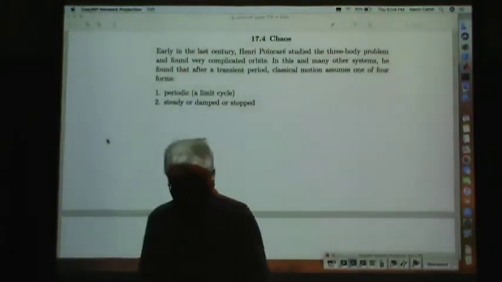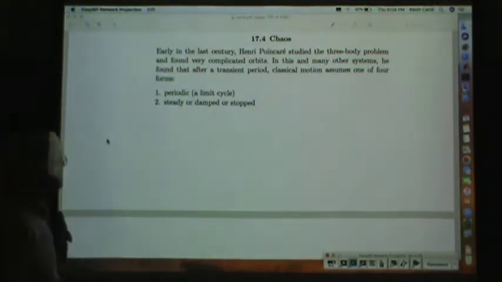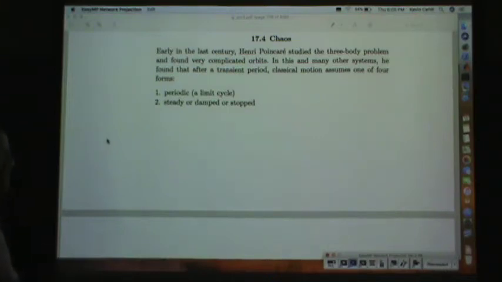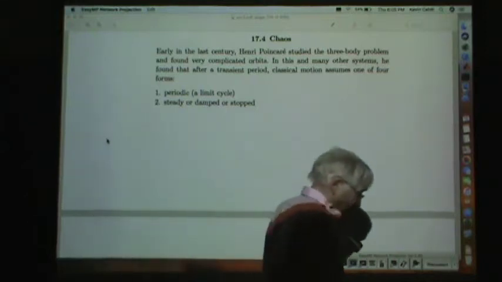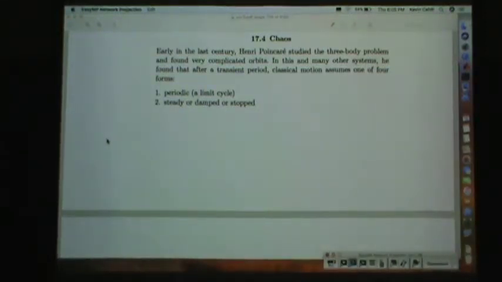Chaos. Well, Henri Poincaré studied early in the last century the three-body problem and found very complicated orbits. Mind you, he was doing this basically with his mind and his fingers. He didn't have calculating machines, let alone computers. And what he found was that after a transient period, classical motion settles down to 4 possible forms.